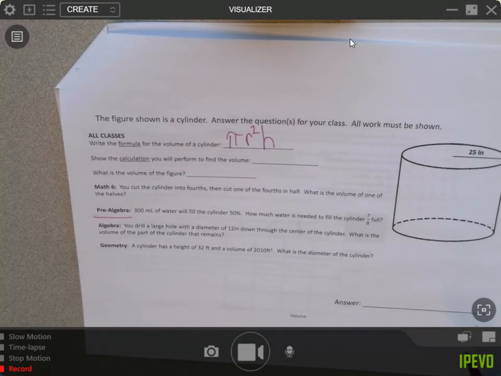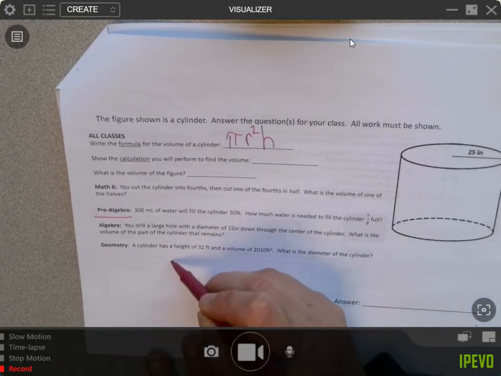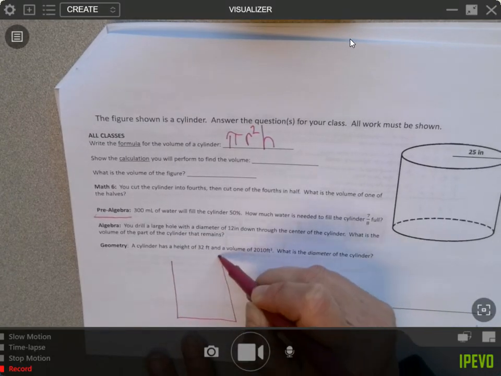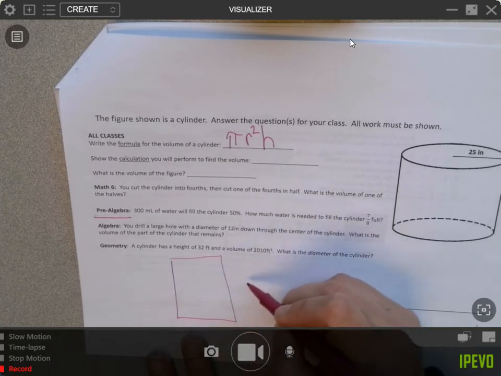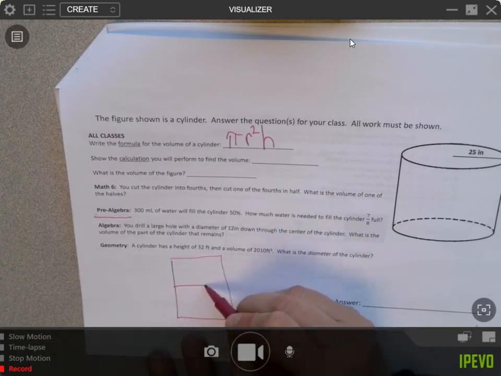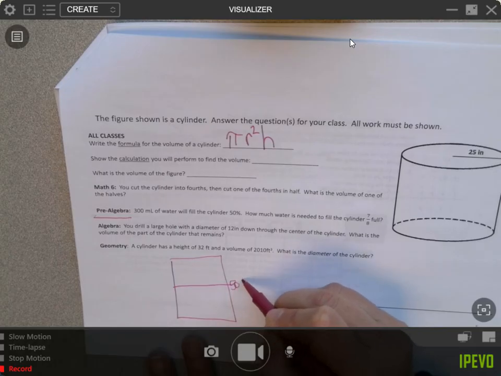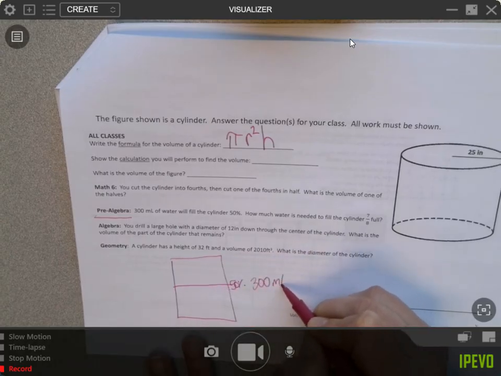There are 300 milliliters of water which fill the cylinder 50%. So if I have my cylinder here and there's 300 milliliters of water, that puts me at 50%. That's halfway, and that's 300 milliliters.